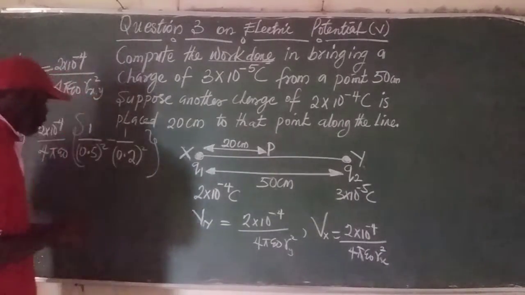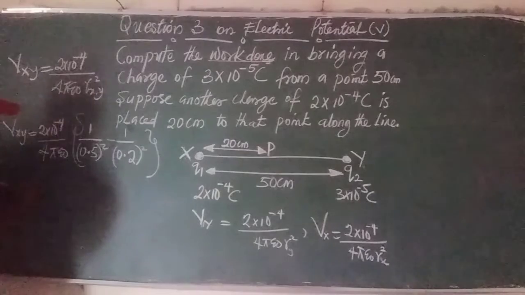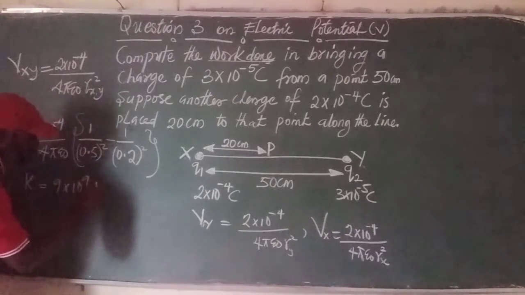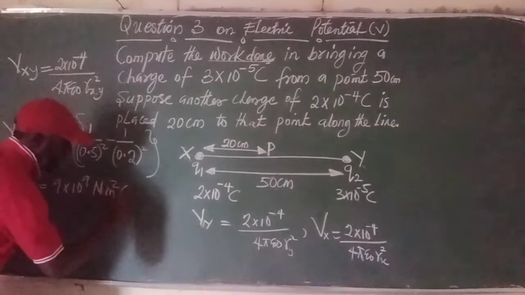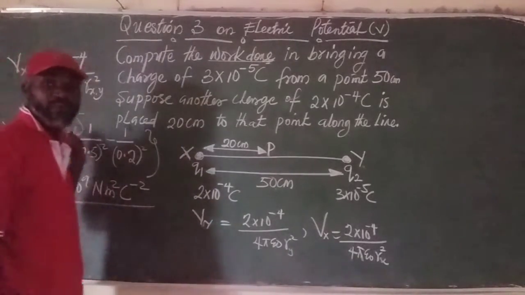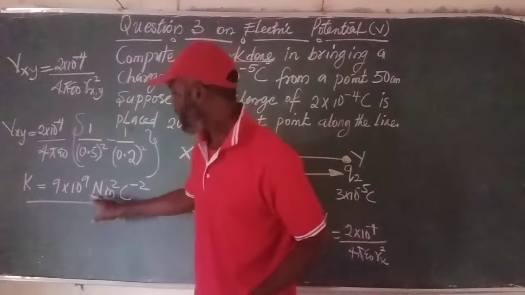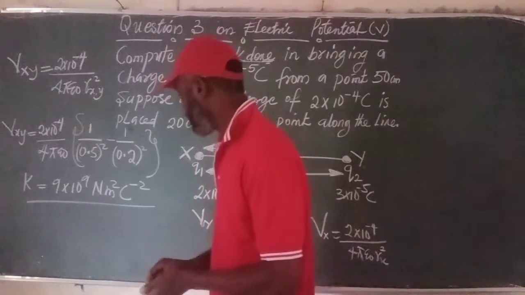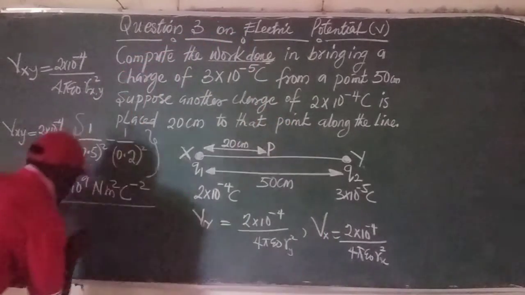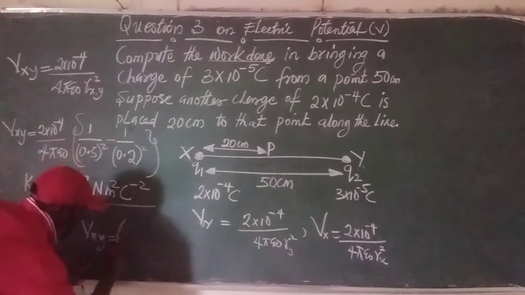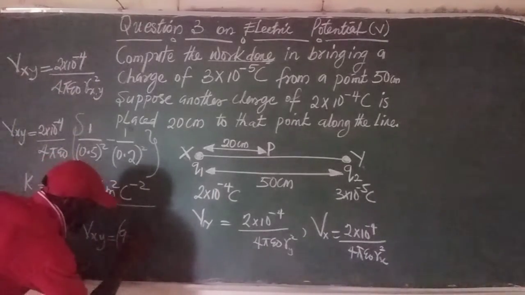The next thing we need to do is to find that our K is given as 9 times 10 raised to the power 9 Newton meter squared per Coulomb squared. We substitute the value of that, which takes the value of 4 pi epsilon naught. And this becomes Vxy is equal to, for k, 9 times 10 raised to the power 9.